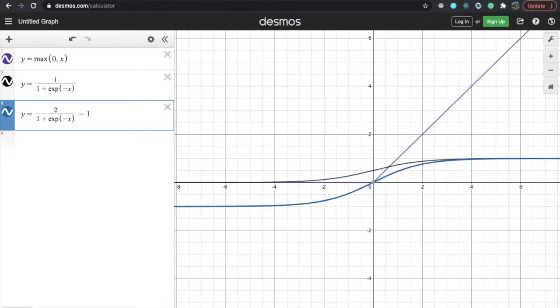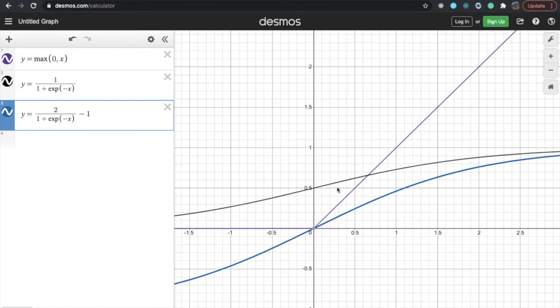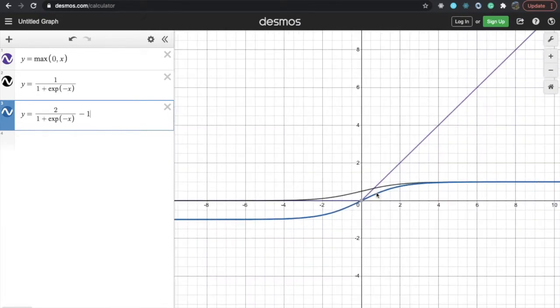And this is the hyperbolic tangent function. This line in blue is the hyperbolic tangent function. This line in black is the sigmoid activation function, and this line in purple or maroon is the ReLU function.